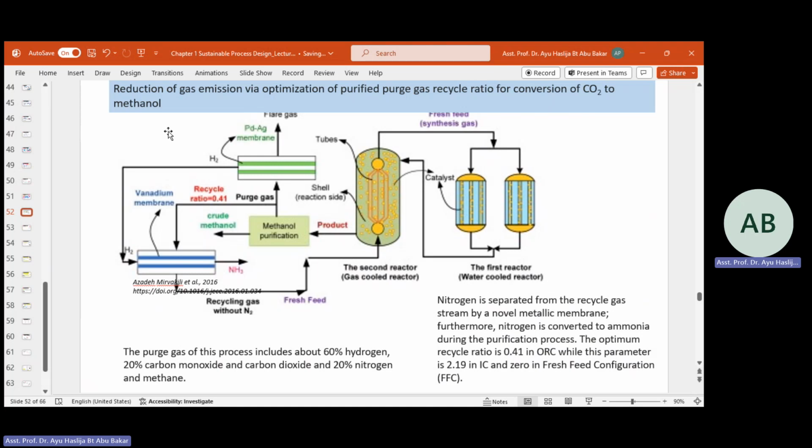So what is the feed over here? Identify the feed and product first. What is the feed? From the title itself, what is the feed?